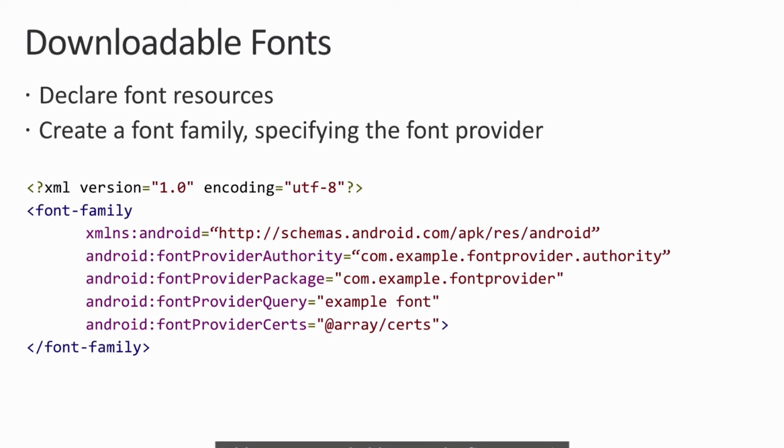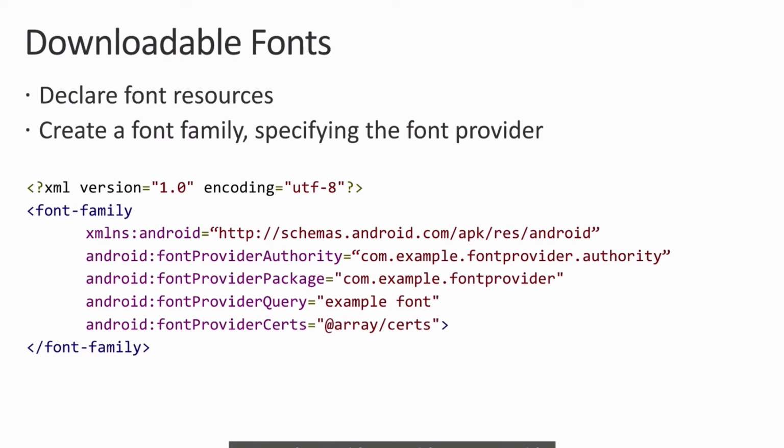Odds are you probably want the first scenario, so let's dive into that first. Very similar to embedding fonts, you still have to declare your font resources, and you do that with a font family. Only now, instead of embedding font files and then identifying them in a font family, the font family declares or provides the metadata necessary to use a font provider.